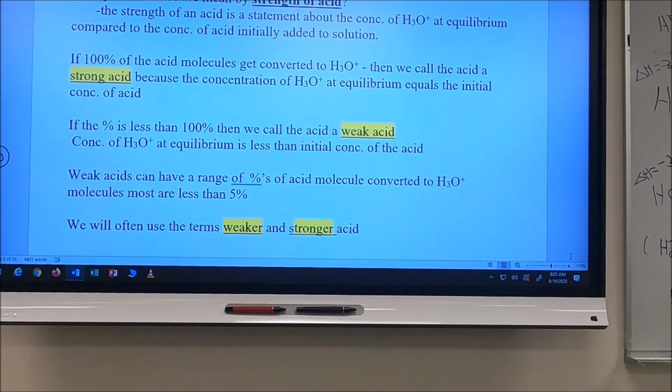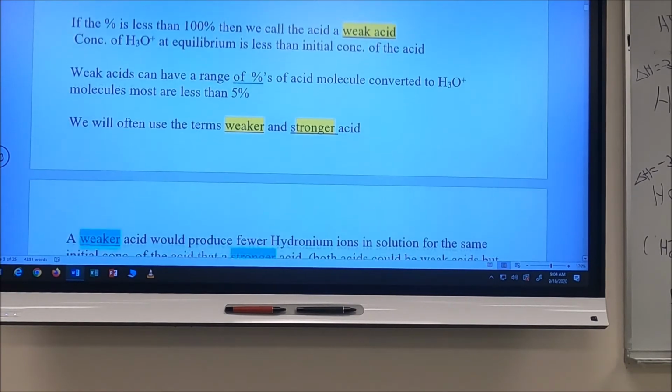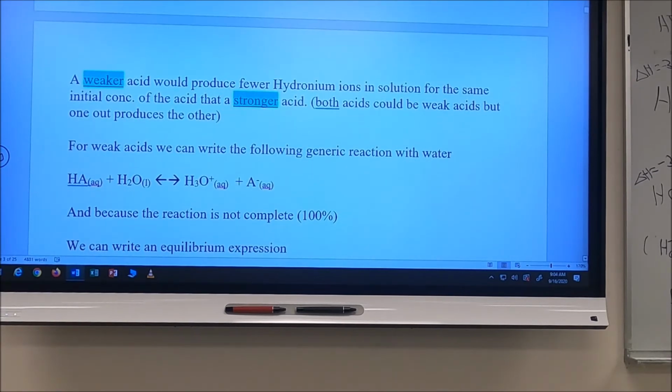So, when we talk about strong acids and weak acids, we also use the terms stronger and weaker. When we use the terms stronger and weaker, what we're doing is a head-to-head comparison of the percentage of hydronium ions produced relative to the amount of acid you started out with. Weaker acids produce fewer hydronium ions in solution for the same initial concentration than a stronger acid.